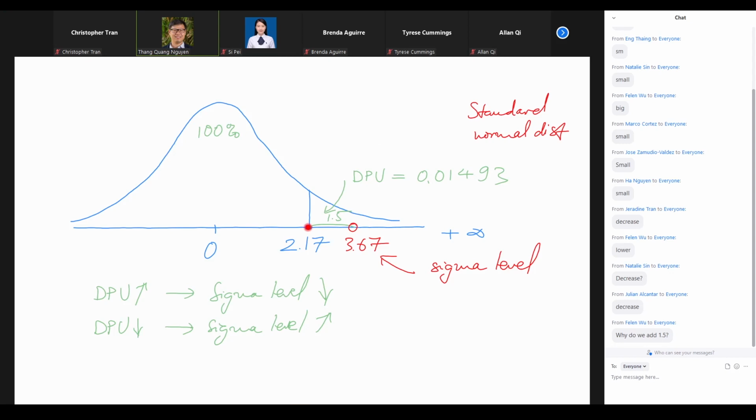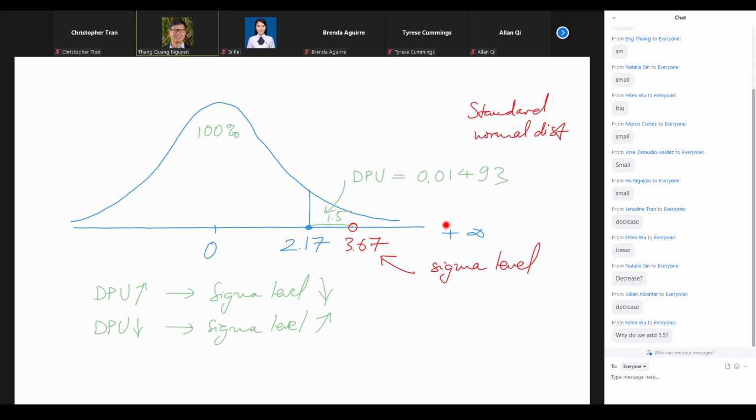Then if you try to achieve 6 sigma, the blue point will go all the way to the tail to be 6.0. And at 6.0, the triangle on the right-hand side becomes so small that if you multiply the area of that triangle by 1 million, you still have a number very close to 0, which means that out of 1 million units, they produce 0 defects, right?